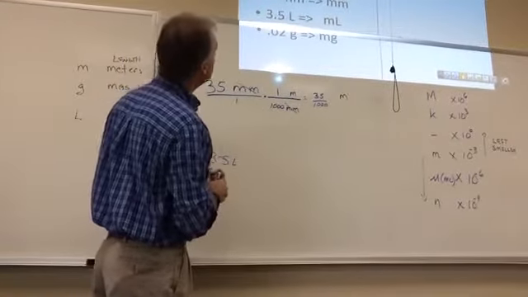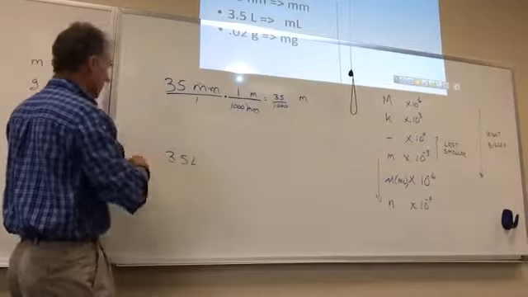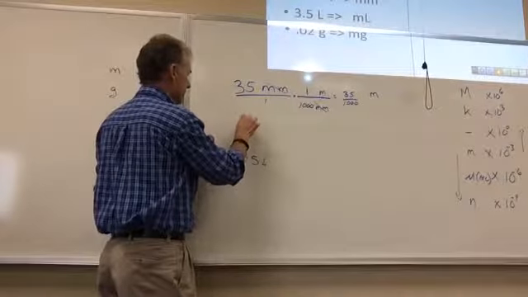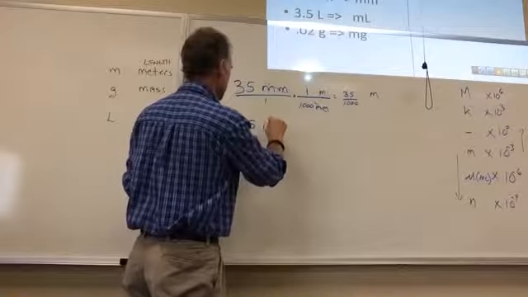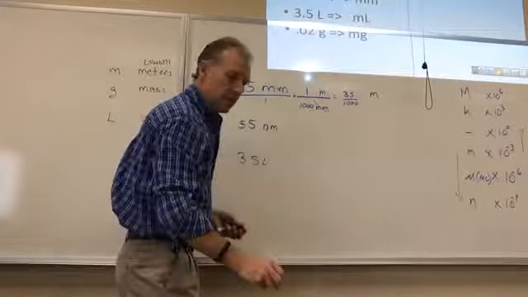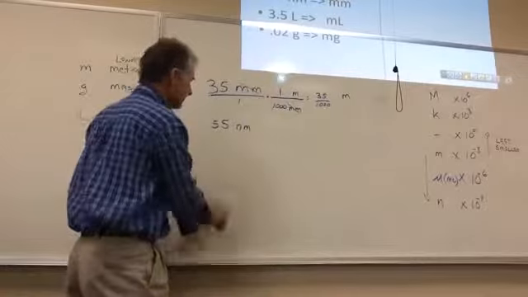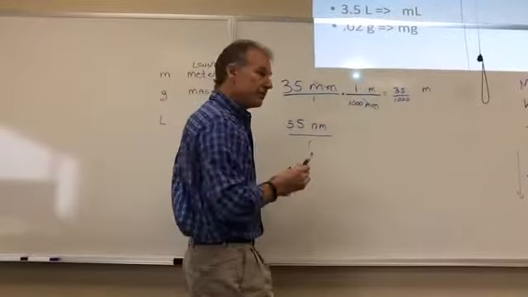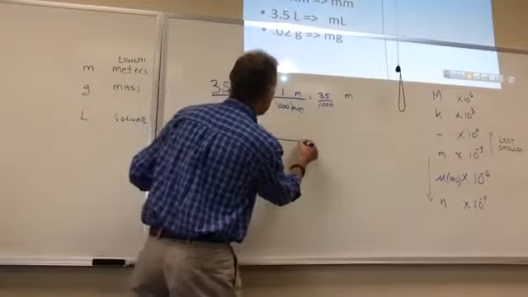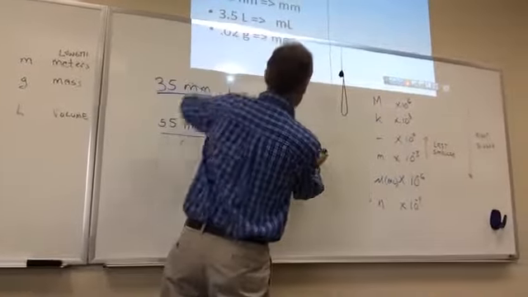Let's see, if we were to do, let's do the 55 nanometers. So again, I'd recommend you start putting things over 1. And I would like to eventually get this into millimeters.